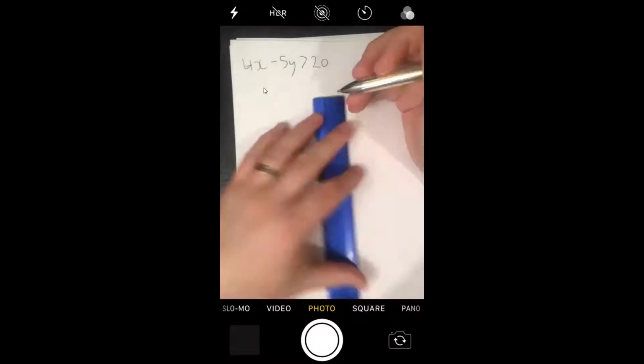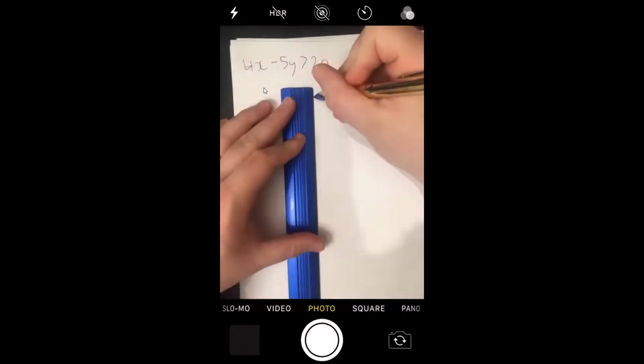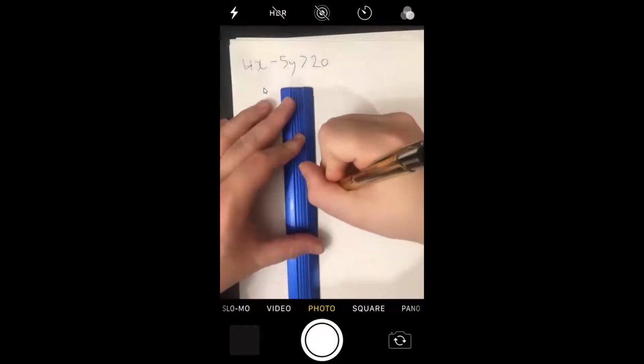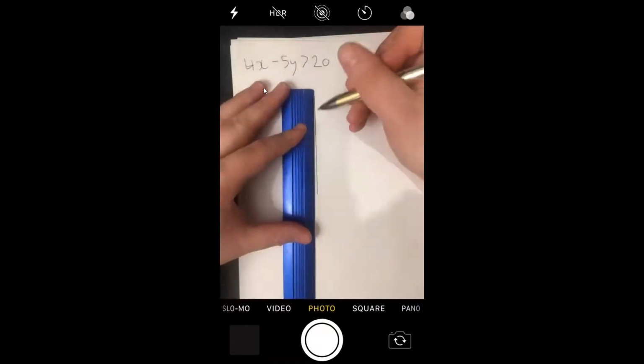Now, how do we do this? Well, what we need to do, let me make this nice and big because I can. Obviously, I doubt that you guys would make it the same size.